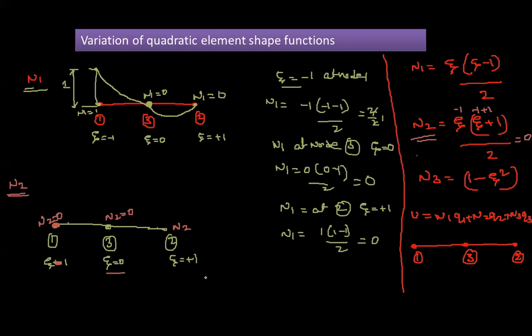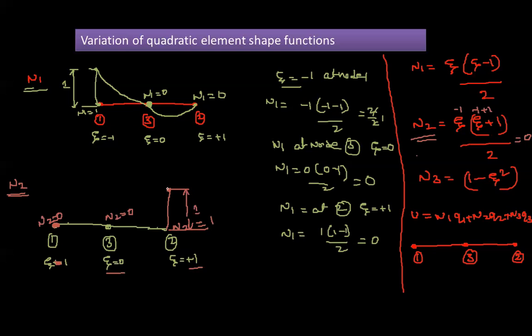At node number 2 the value of zeta is equal to plus 1. If you put plus 1 in your n2 function, 1 plus 1 becomes 2, 2 into 1, 2 by 2 becomes 1. So the value becomes 1. It is a positive 1, so it goes up at this point. From here to here it is the magnitude of 1.